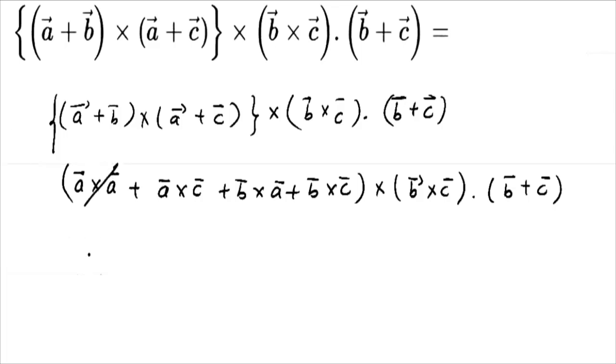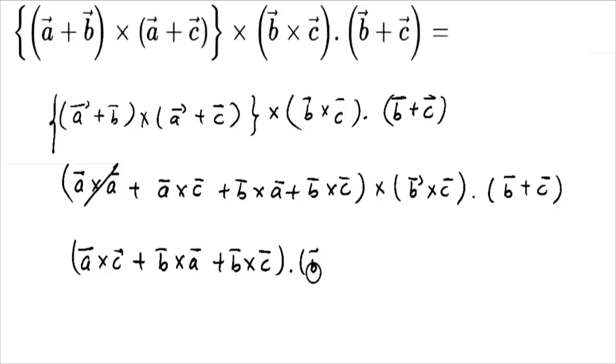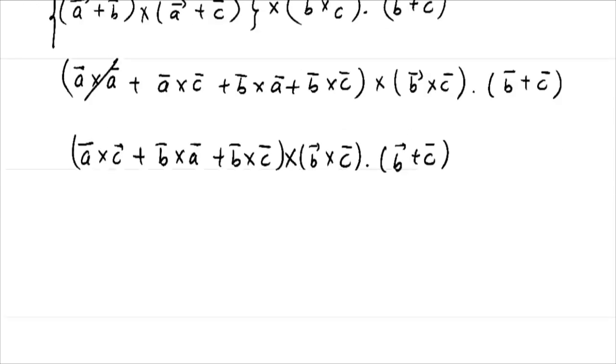So finally we have A cross C plus B cross A plus B cross C, and this is cross with B cross C, and then dot with B plus C, right?